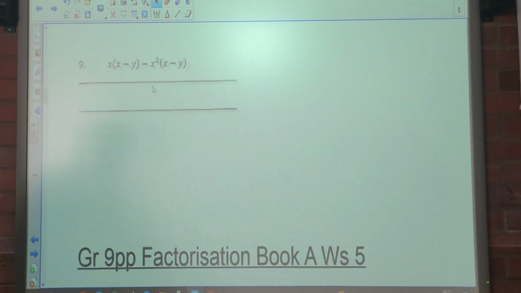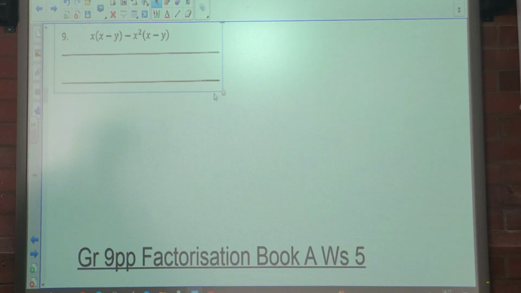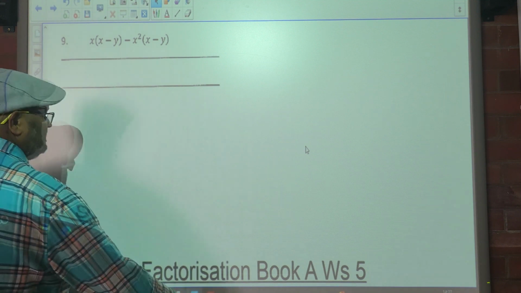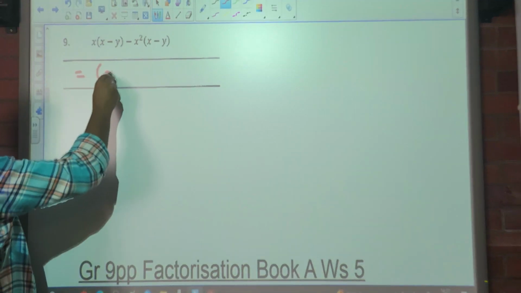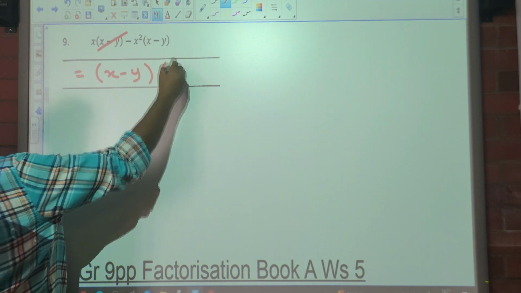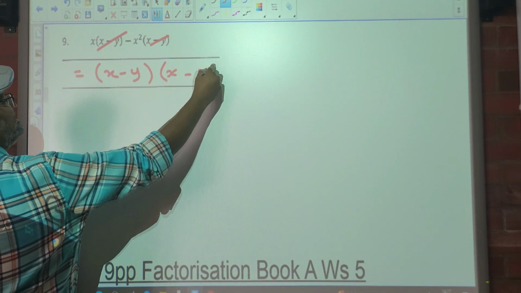And the last sum, number 9. We got x into x minus y minus x squared into x minus y. What is common here? X minus y. If I take it out, what am I left with? X minus x squared.